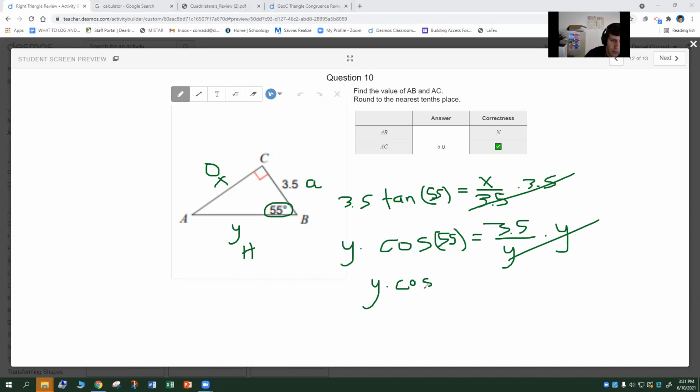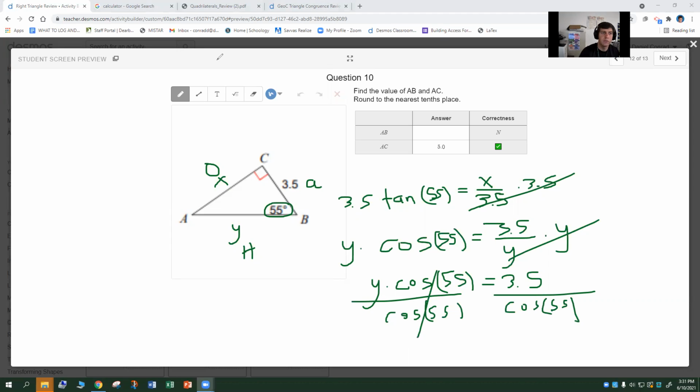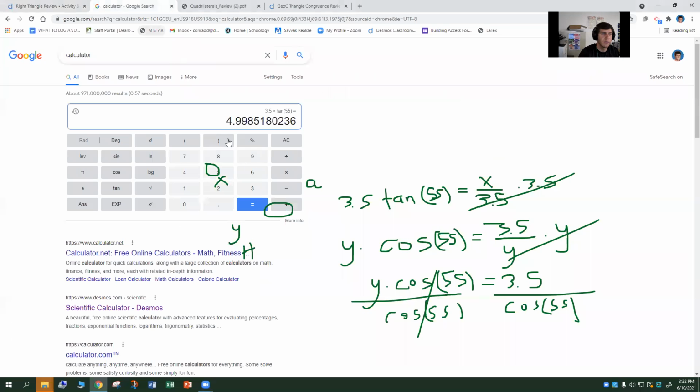And then we can divide both sides by cosine of 55 to get y by itself. So y is going to be 3.5 divided by cosine of 55, which is going to be 6.1.